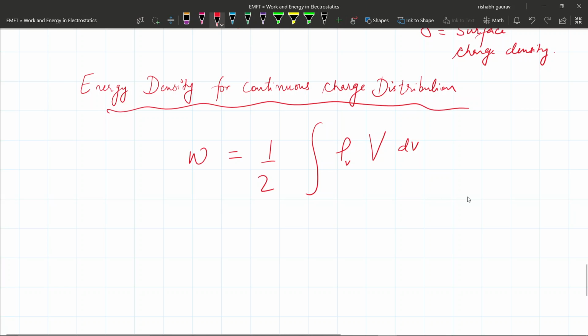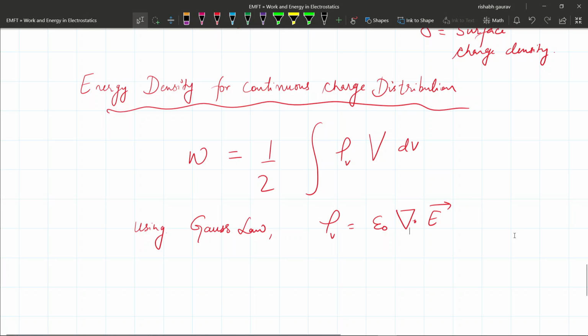Now, using Gauss law for electric fields, we know that rho v will be given by epsilon naught times del dot E. We are already aware of that.